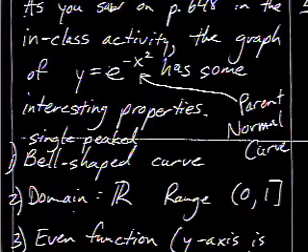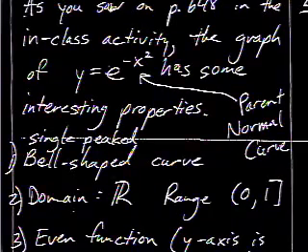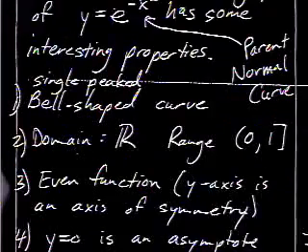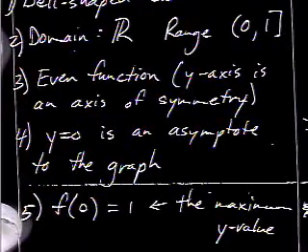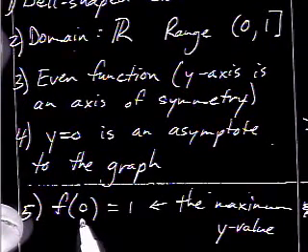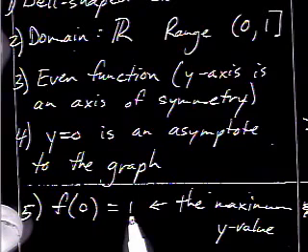You also probably noticed from your graph that the domain was all real numbers. It just kept going and going in both directions. And then the range only went up to a maximum value of 1. That maximum value occurred at an x value of 0, and that maximum was 1.